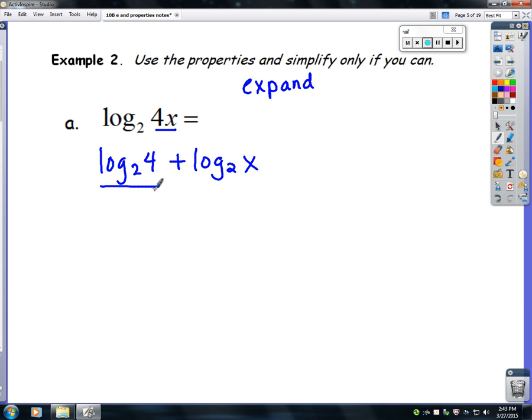It's asking you 2 to what power is equal to 4. I'm hoping you're going to say 2. So this expression simplifies to 2 plus log base 2 of x. And we want to leave it like that. We can't put it back as multiplication because that 2 has lost its log. So that's our final answer.